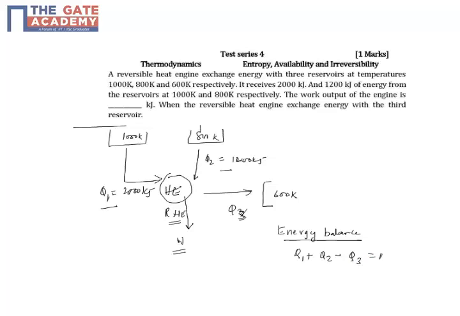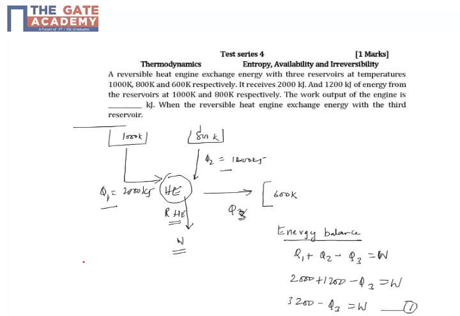Because it's a cyclic operation of a heat engine, that total should be W. So 2000 plus 1200 minus Q3 is equal to W. That is 3200 minus Q3 is equal to W. But for knowing W, I need to know Q3.